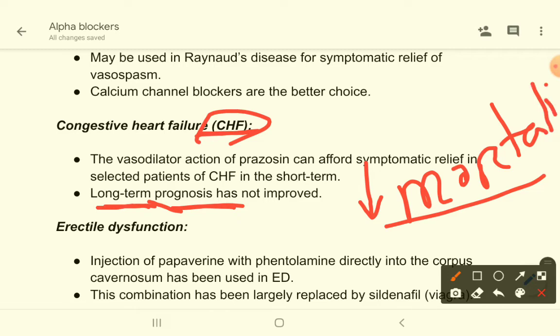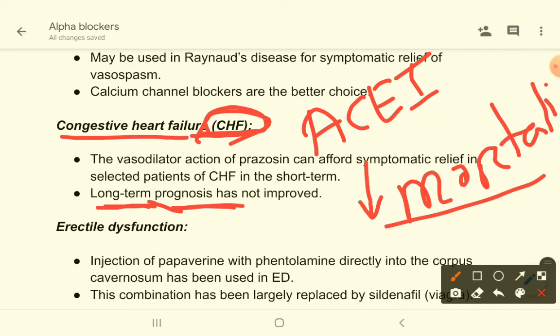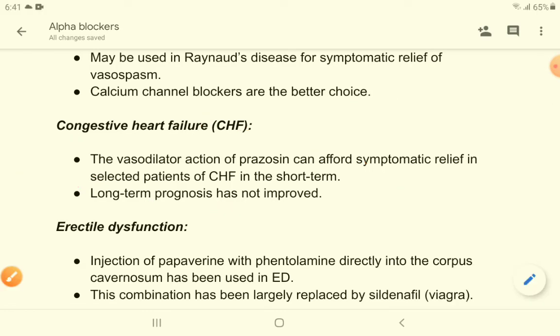Other drugs like ACE inhibitors or ARBs have been proven to prolong life in congestive heart failure patients. But these alpha blockers, although they provide some symptomatic relief, do not improve the life expectancy of chronic congestive heart failure patients.